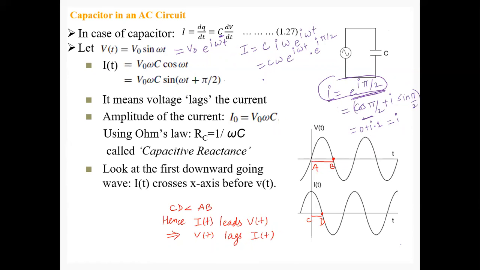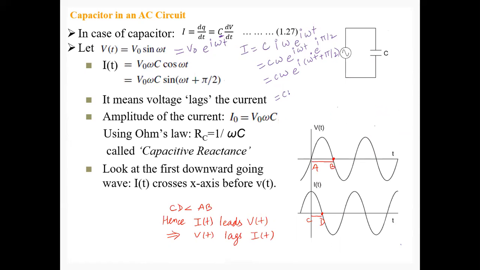Then I'll combine these two guys: C omega e to the i omega t plus pi over 2. Look at that. Now how do you do this? If you expand this, then what do you get?